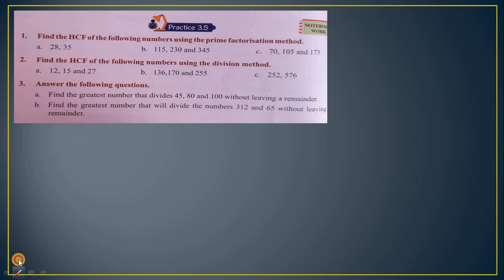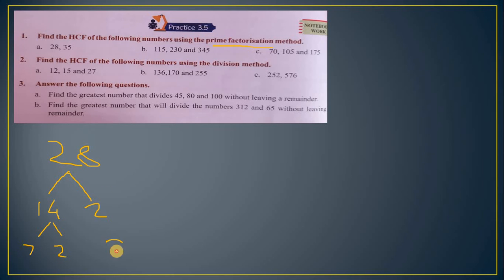Here in exercise 3.5, I will solve one question in all three methods. First one is prime factorization: you have to calculate HCF using which method? Prime factorization. 28 you can solve using a tree diagram. I think it is easy for you. 14 into 2 is 28. You can split 14 as 7 into 2.